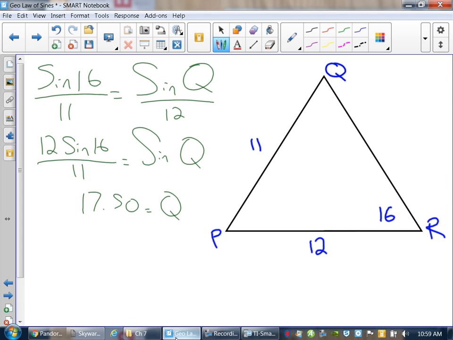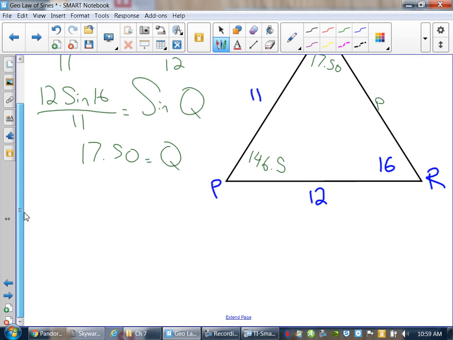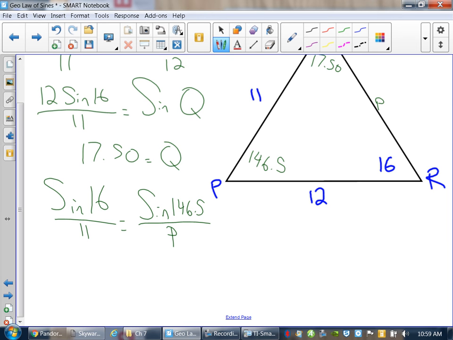Okay. That gets me to here. So that's 33 and a half, subtract that from 140. And then I use that to find a little p. Cross multiply through.